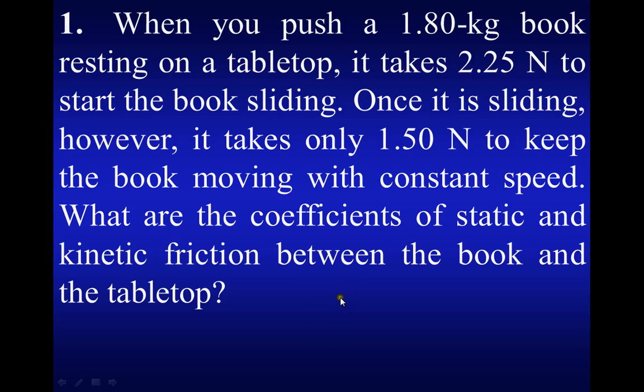So 2.25 newtons equals the coefficient of friction times the normal force. So the coefficient of friction is going to equal 2.25 newtons divided by, in parentheses, 1.8 times 9.8. And we'd figure out that we have a very small coefficient of static friction here for this book. Likewise, we'd find out that we have an even smaller coefficient of kinetic friction.